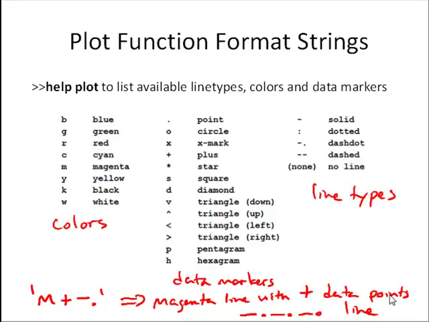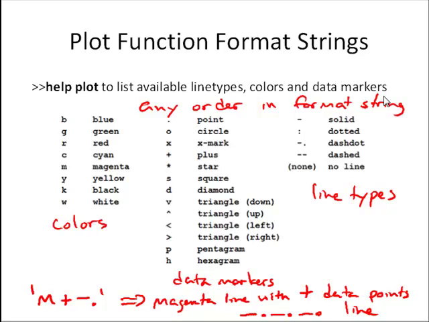And you can put these in any order in the format string that you send to the plot function. So that pretty much covers it as far as creating basic 2D plots.